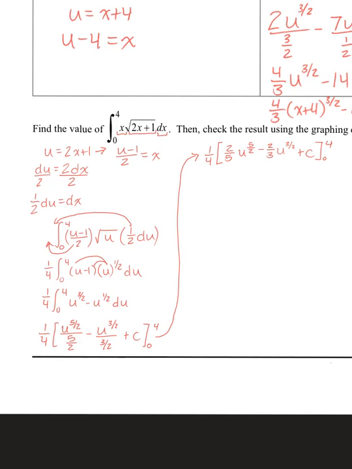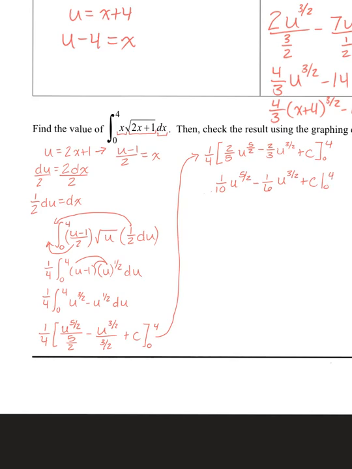If I distribute that 1/4, I get 2/20, okay, which ends up being 1/10. So I have 1/10 u to the 5/2 minus, well, 1/4 times 2/3 is 2/12, which is 1/6 u to the 3/2, and then 1/4 times the constant is still a constant, and we evaluate from 0 to 4.